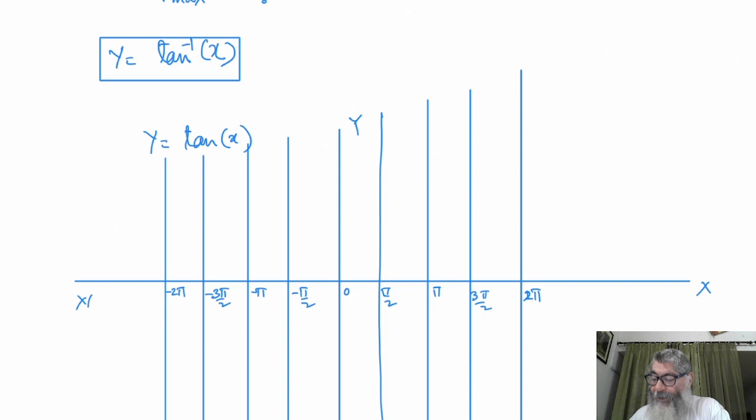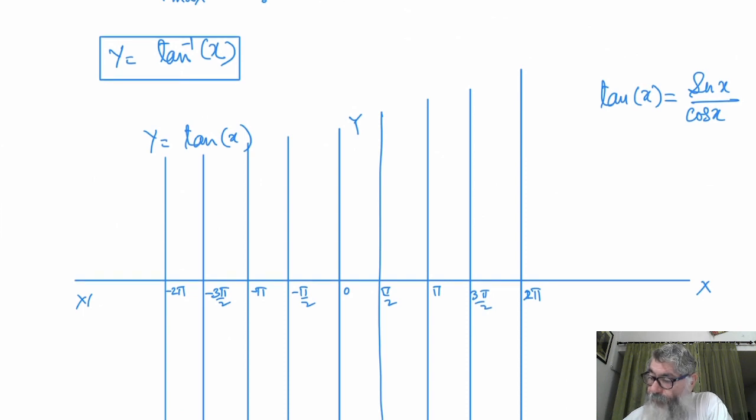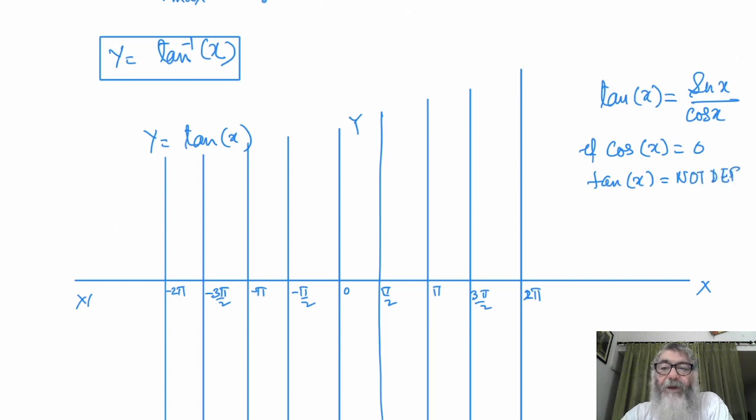Now, tan x is actually sin x upon cos x. You know very well that if cos x is 0, tan x will be not defined.